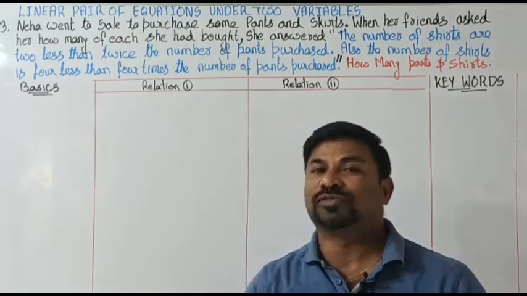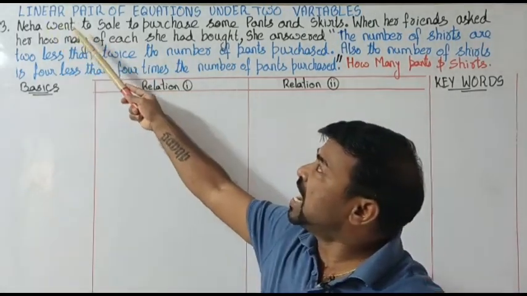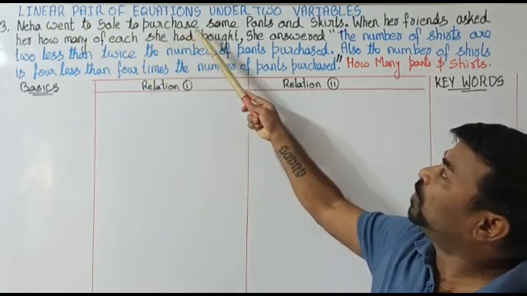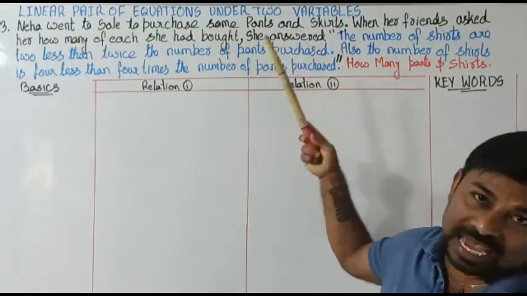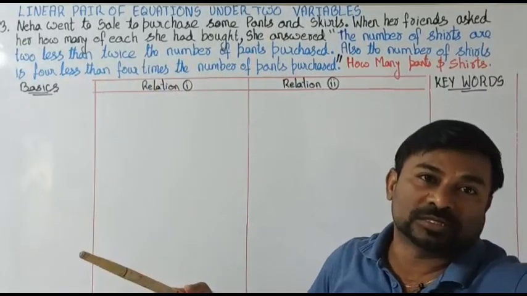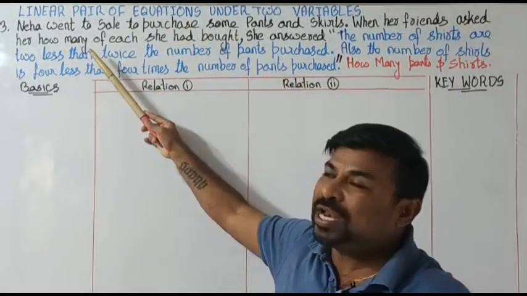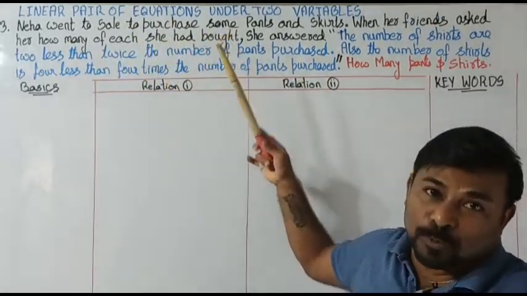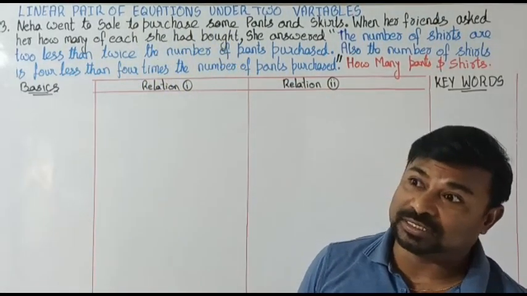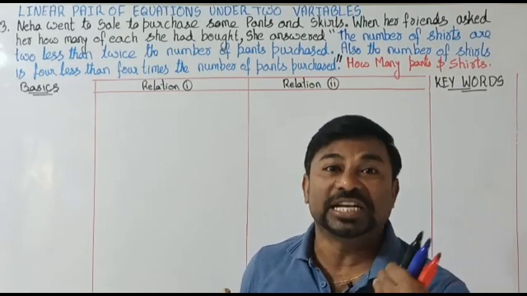Let's go to the question here. Neha went to a sale to purchase pants and skirts. When her friend asked how many of each she had bought, what did Neha say?